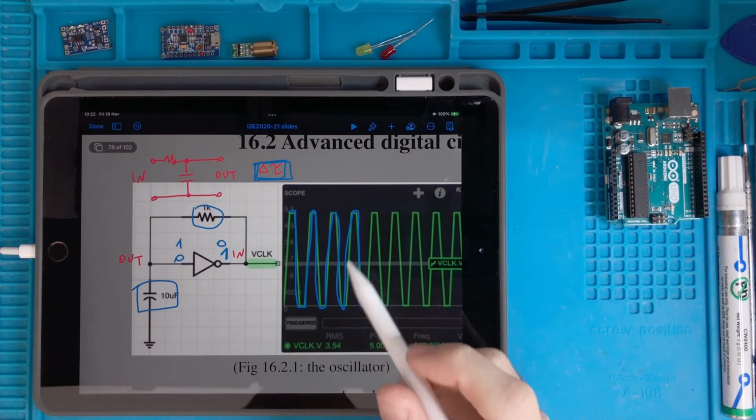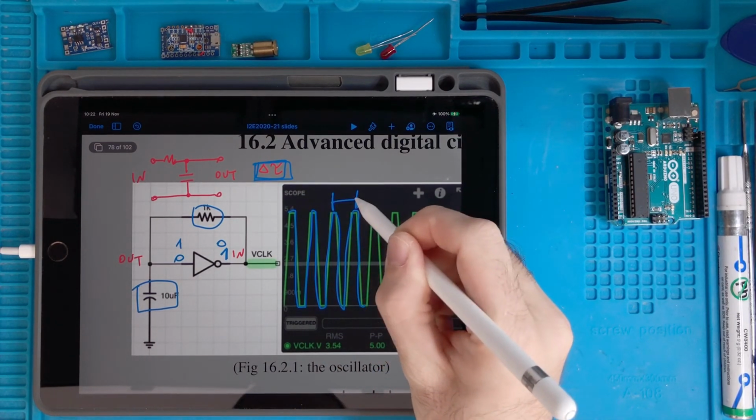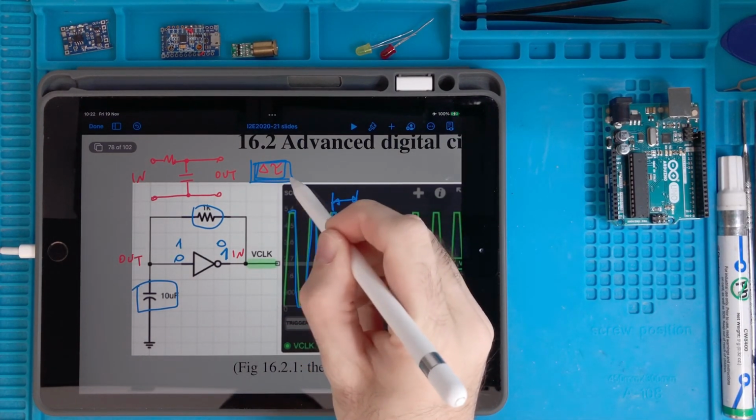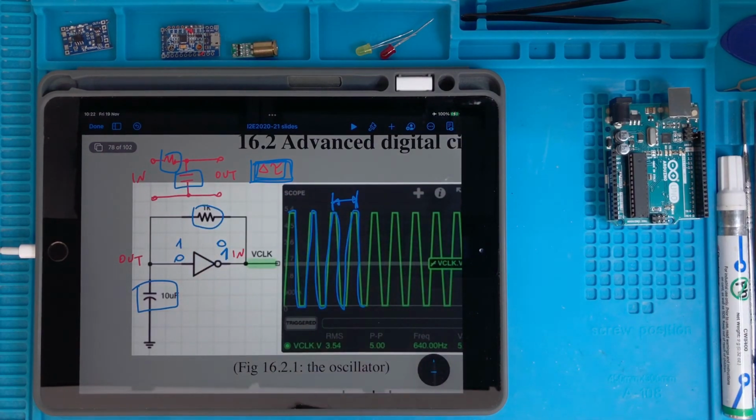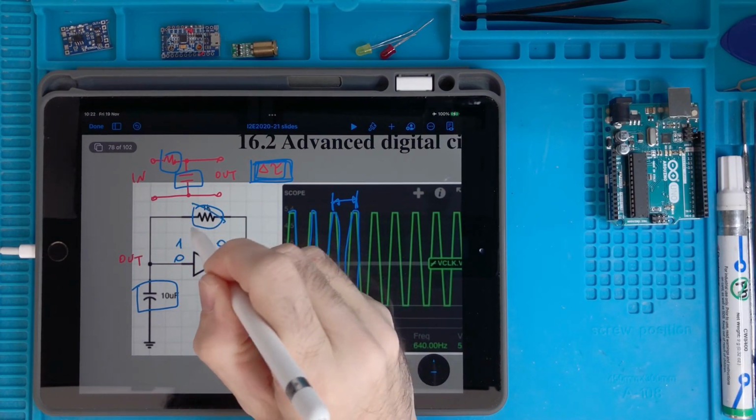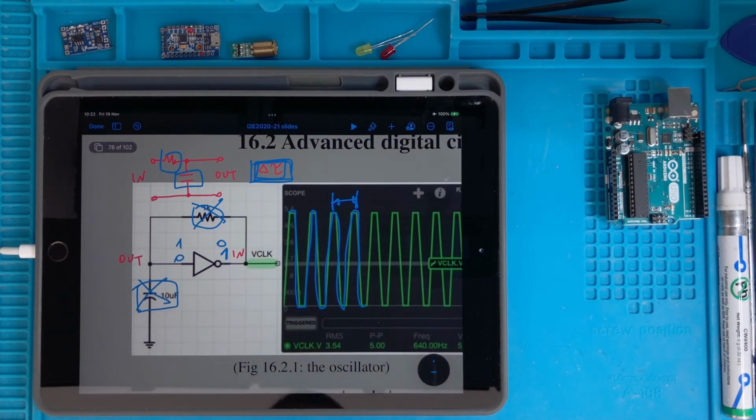And the timing of this oscillation ultimately depends on the values of these resistors and capacitors. So in real life, even if you don't put those components, they are present. They are so-called parasitic components.